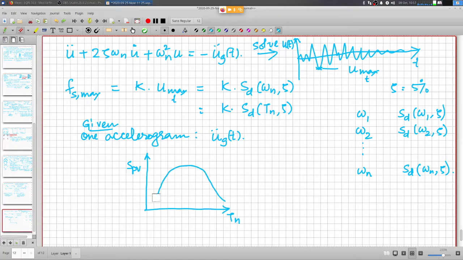It will not be so smooth. For natural earthquakes you will get a rather irregular kind of curve, but this is how it will look. So for each different oscillator you will get these different points, and eventually you just join them by straight lines and you get the response spectrum.